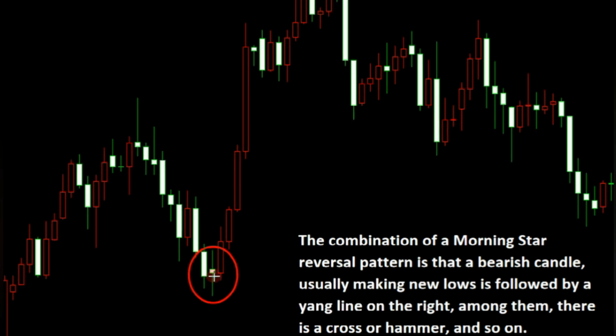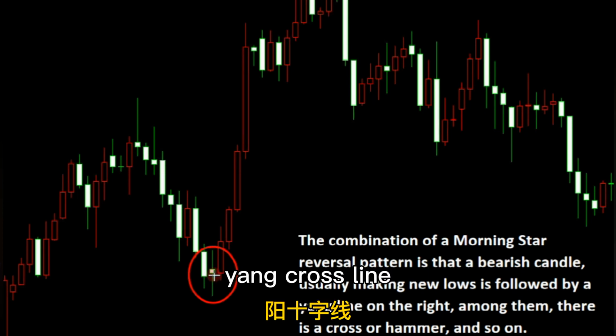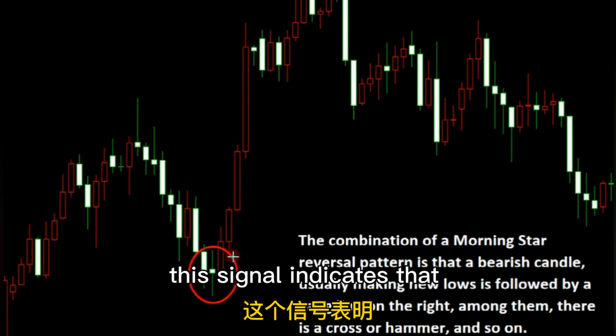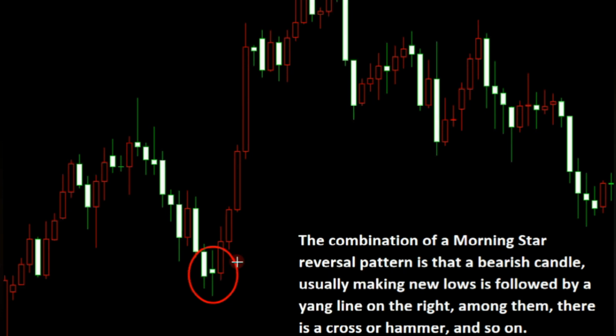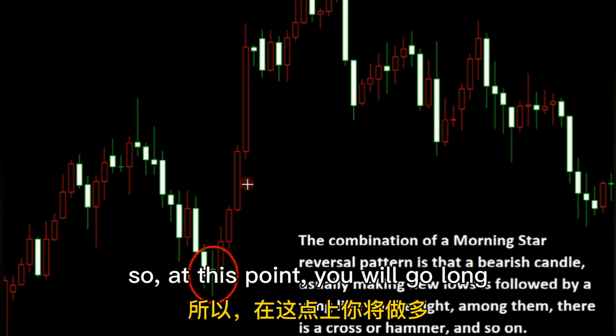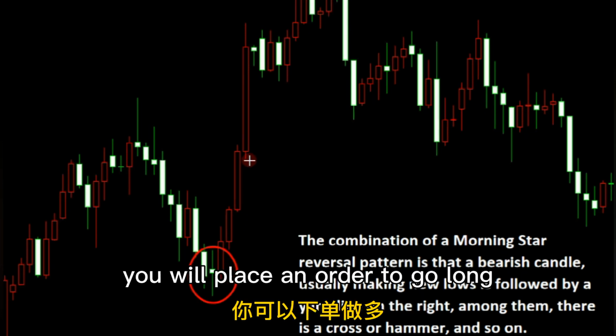Of course, if this candlestick is a yang line, a yang cross line, that's better. This signal indicates that the trend of the market will go up. So at this point, you will go long. You will place an order to go long.